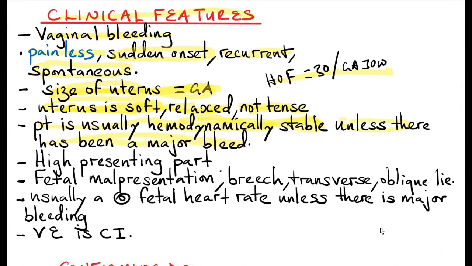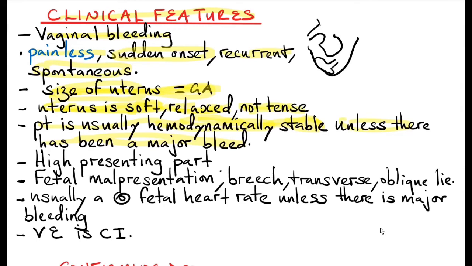And then you can have a high presenting part. What do we mean by that? Suppose when you examine the patient, let's say this is the uterus. Your placenta is low lying here. The head will be here. This is the head of the fetus, okay?